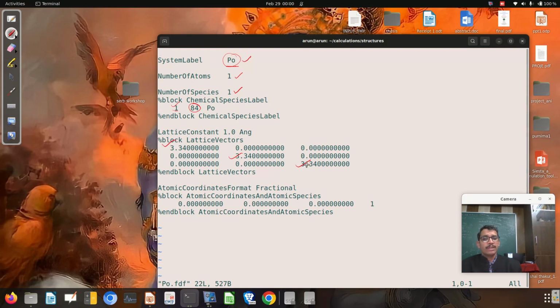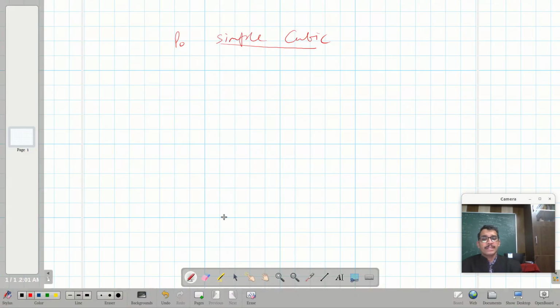These are the standard values, and I put a single atom at the origin, not in the center of the cube. If I try to understand this, I have this type of situation.